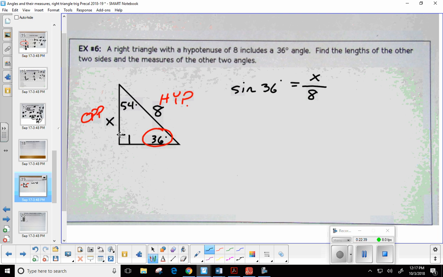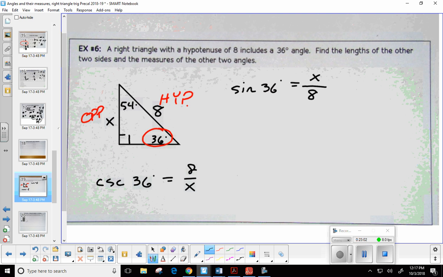But now we actually have a choice. We don't have to go with sine if we don't want to. What's its reciprocal? Cosecant. I could easily solve cosecant of 36 degrees, but remember that's the hypotenuse over the opposite, the reciprocal of what I set up there. Either one of these will give you the exact same answer.